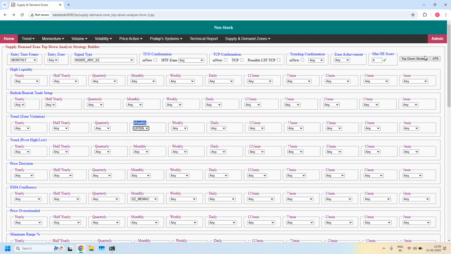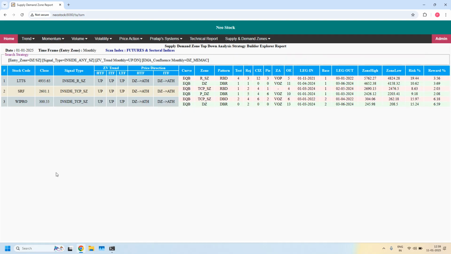It can be up or down. Let's filter. So these 3 stocks' supply zones are having EMA confluence. And all these 3 zones are pierced zones. They are pierced again and again, some of these zones, because of new order flows institutions created, as you learned in lesson 28.